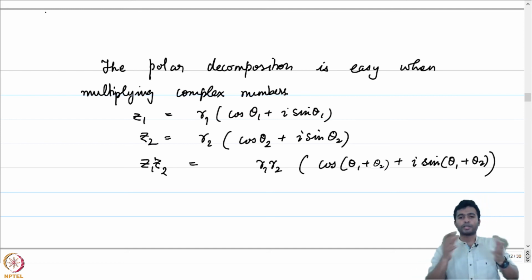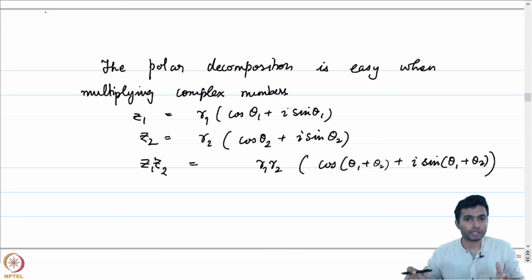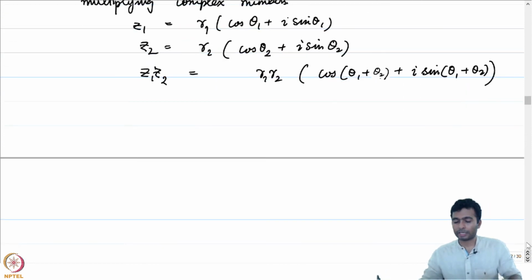So the multiplication will just be some kind of a rotation and then a dilation. That is what the geometry here says. And we saw that our isometries are multiplication by an element in the unit circle, and therefore the dilation is not there, it's just a rotation.